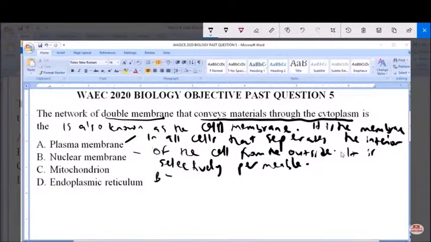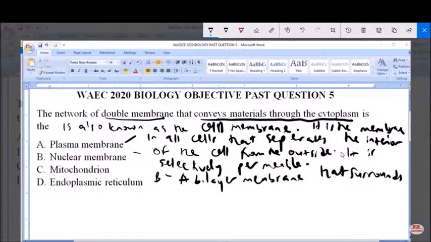Now option B, which is the nuclear membrane, is a bilayer membrane. That is a 2-layer membrane that surrounds the nucleus in eukaryotic cells.